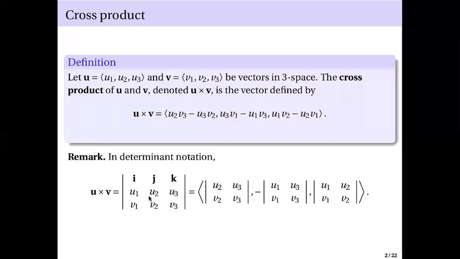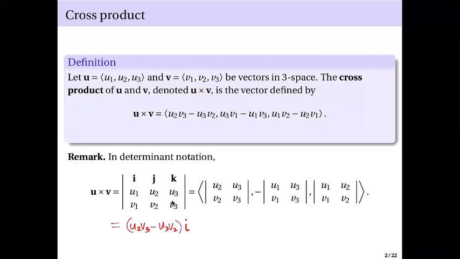If you do this part here, what you will get is the following. i times the determinant of this guy here, u2 v3 minus u3 v2, and then there's your i there.